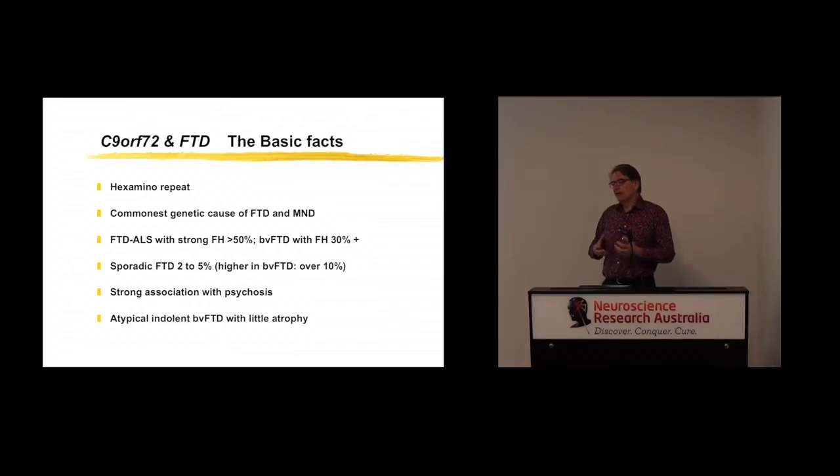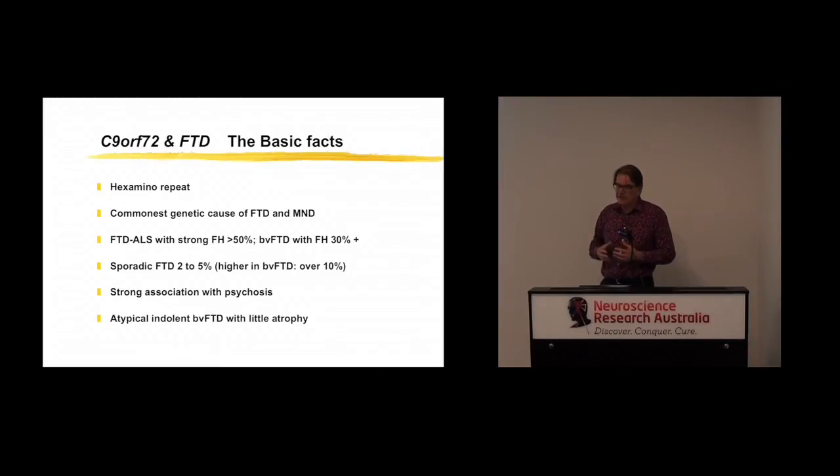And it's turning out that a number of the patients that we see who don't have an apparent family history, so-called sporadic cases, also have this gene defect, particularly those with the behavioural presentation. And some of the family members of those patients have been diagnosed with psychiatric illnesses, because we know there's an association between this gene and psychosis.